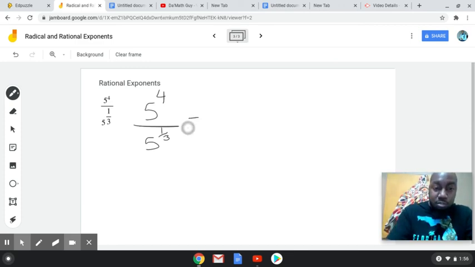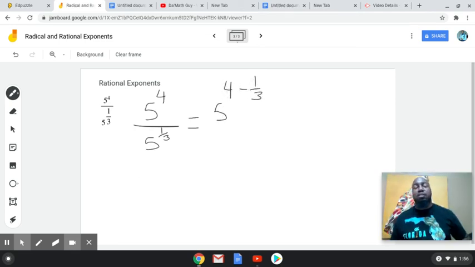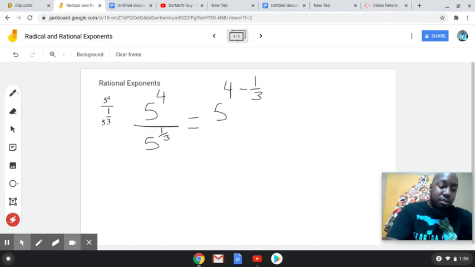So this becomes 5 to the fourth power minus 1/3. Ooh, this is a good one. And the reason why it's a good one is because you have a whole number here, and you have a fraction here. How do you subtract a fraction from a whole number?